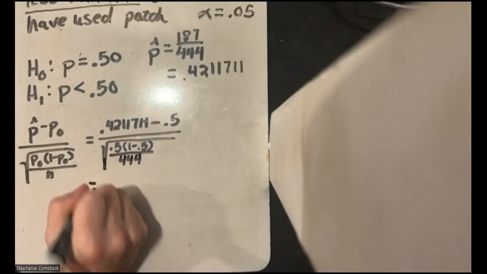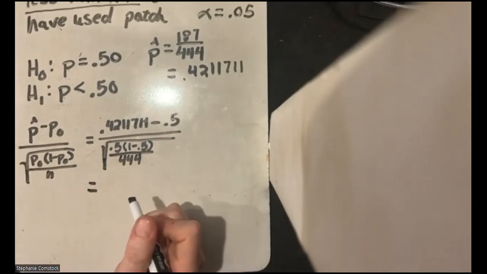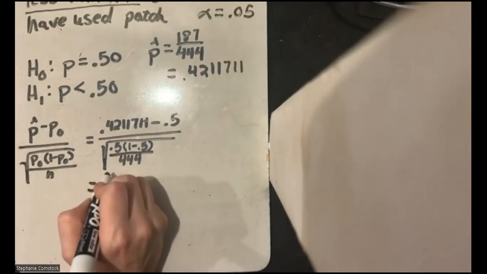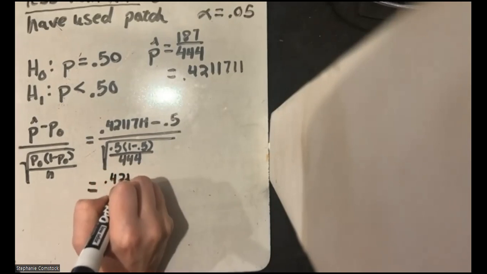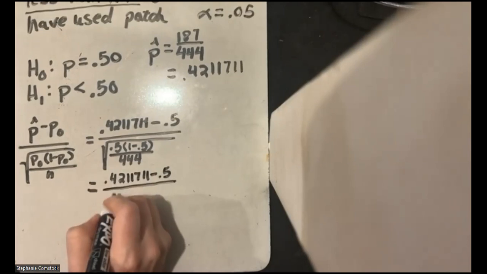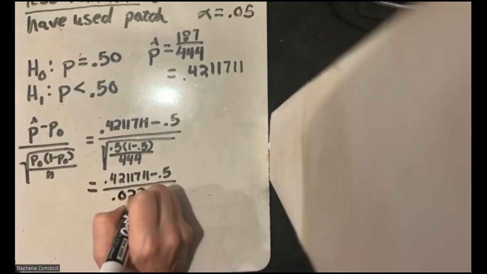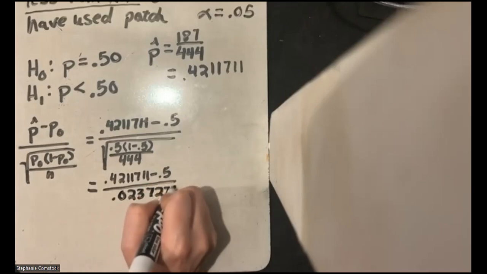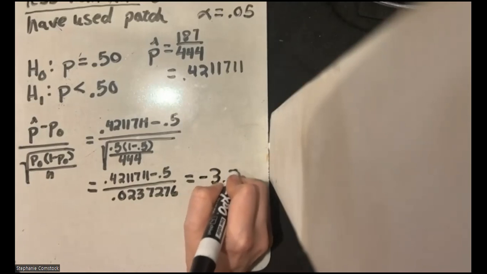Doing a little bit of math in between, we get 0.42117 minus 0.5, over all this on the bottom, which is 0.0237276. When we do all that, we get negative 3.32.